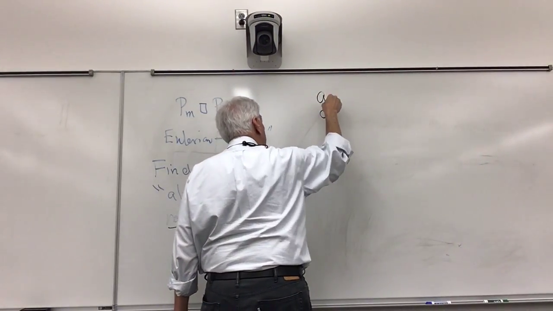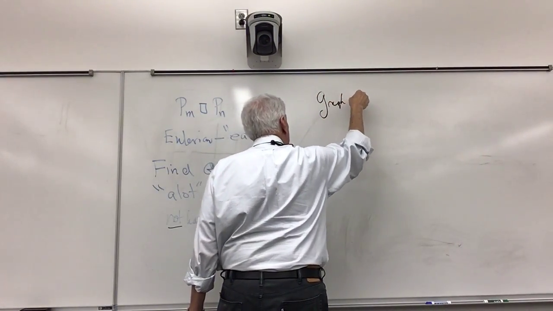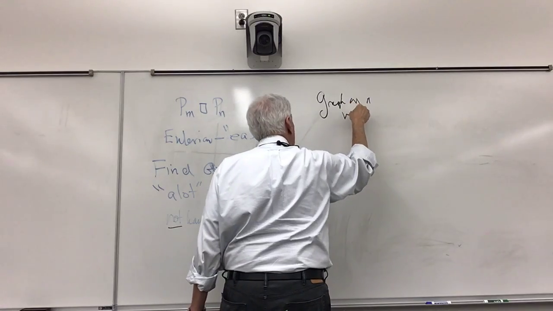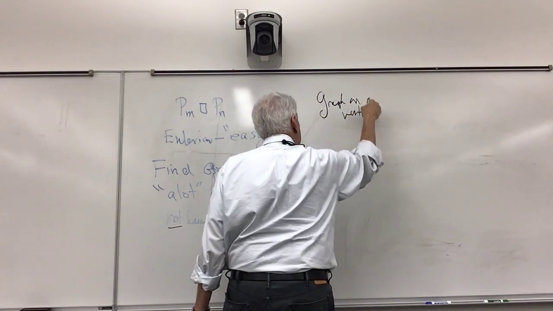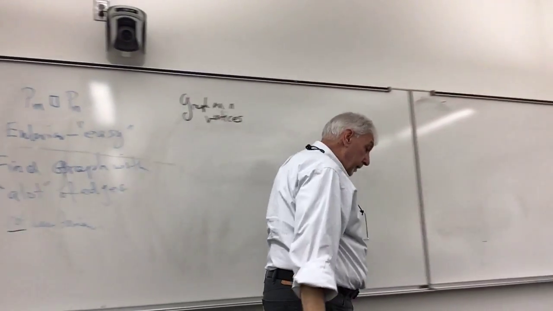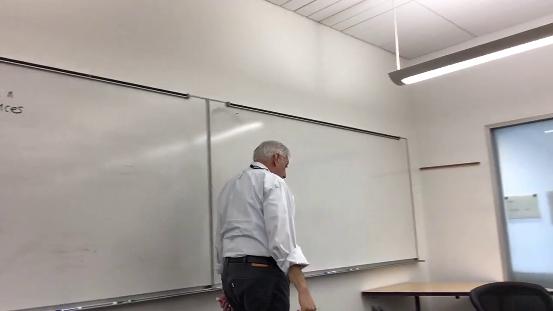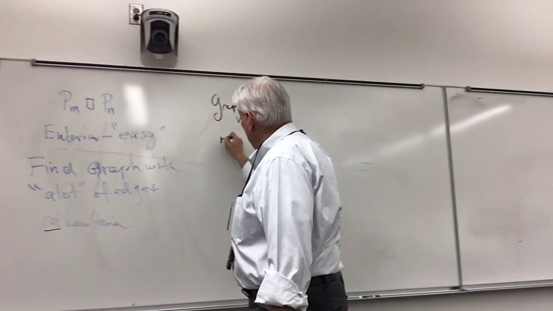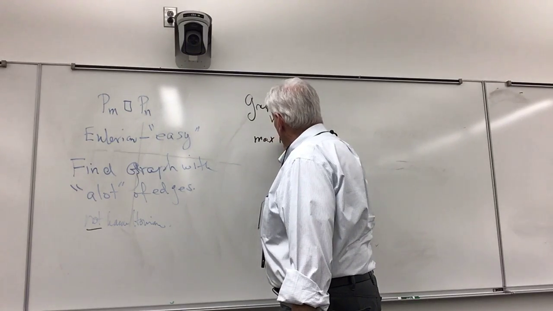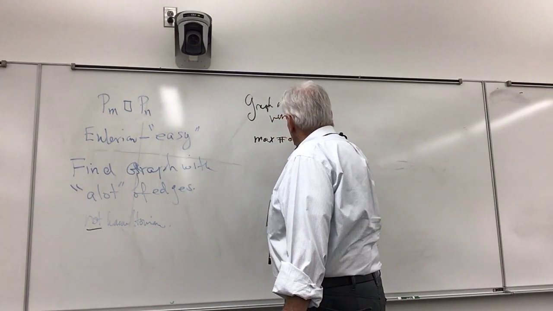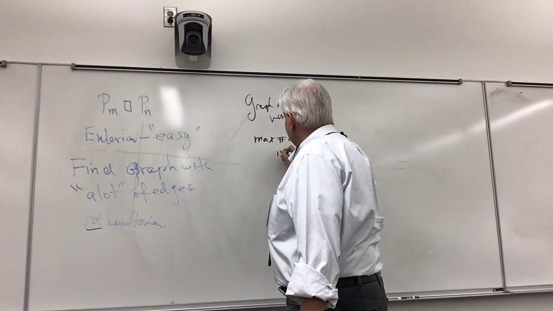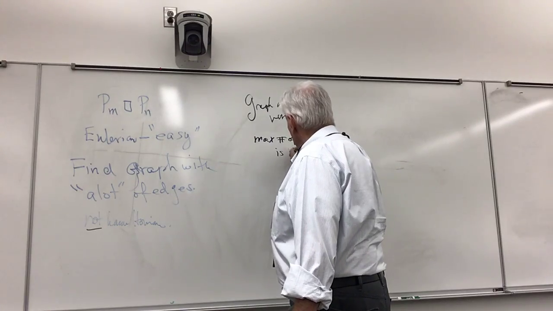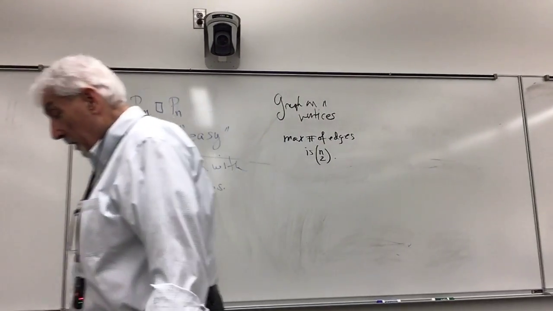So just while you're thinking about this, if I have a graph on n vertices, what's the maximum number of edges I can have on that graph? N choose 2. Okay, so the max number of edges is n choose 2.